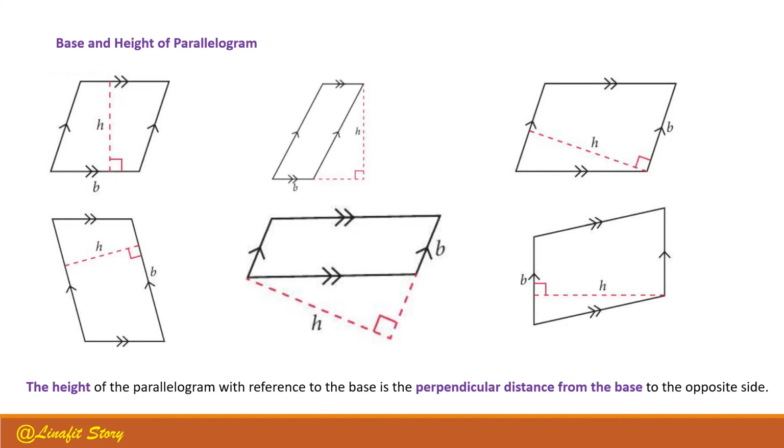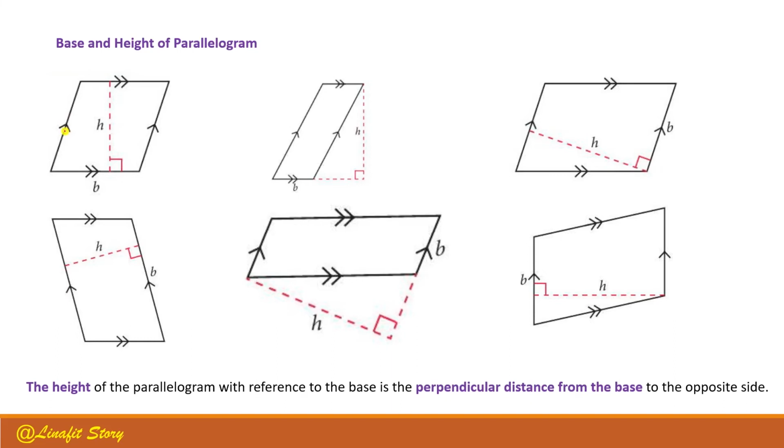To find the area of a parallelogram, we need to know its height. The height of a parallelogram depends on which side we use as its base. The height of the parallelogram with reference to the base is the perpendicular distance from the base to the opposite side.